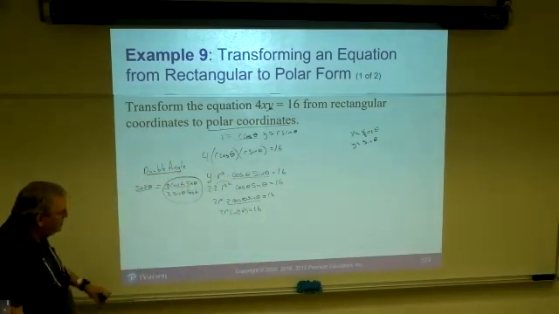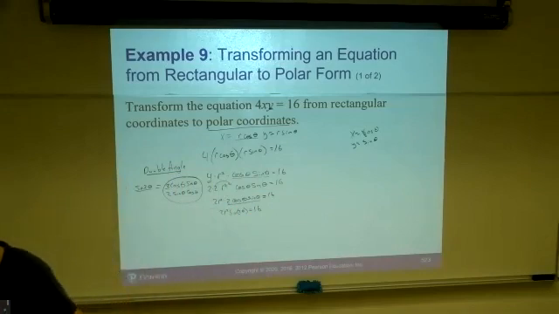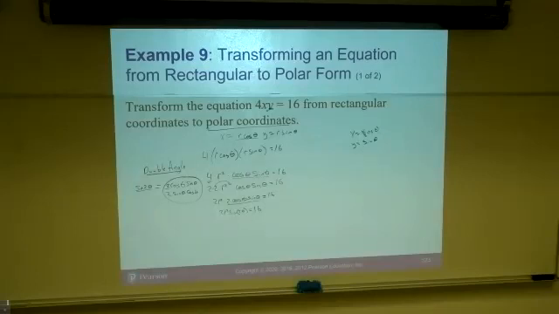Now, the textbook stops here. I would divide through by 2 to get rid of that 2 out front and just have r squared sine 2 theta equals 16. Another way to write this is r squared equals 16 cosecant 2 theta, because if you divided both sides by sine 2 theta, you get cosecant 2 theta.